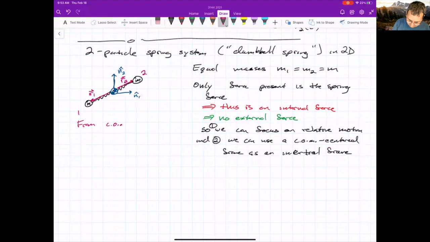From the center of mass corollary, R1 equals negative, well, it's M over M, so this is just negative R2. So that's convenient. We probably don't want to write things in terms of these N1 and N2 directions.